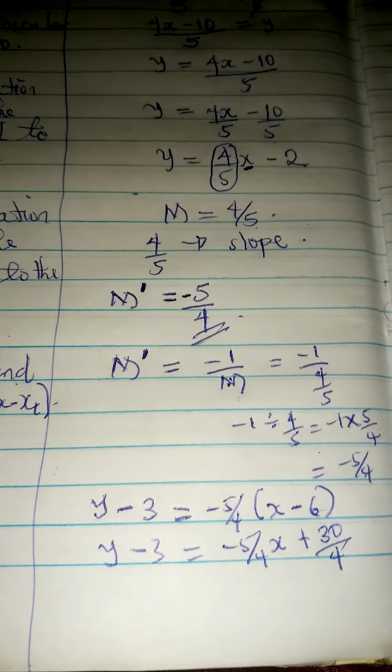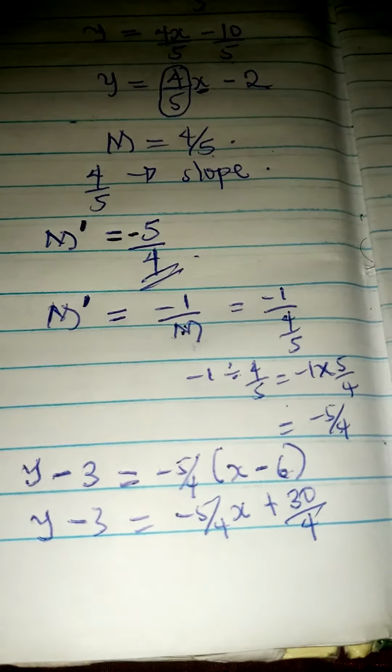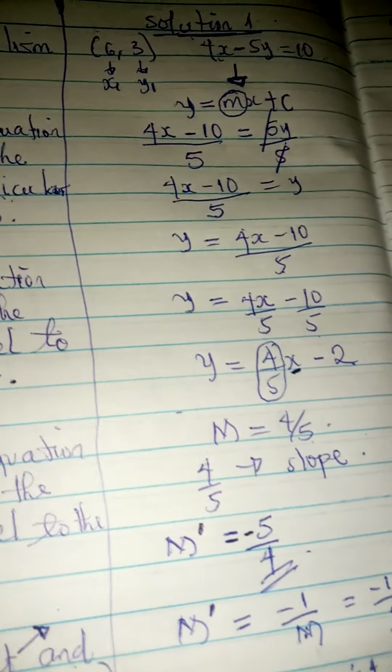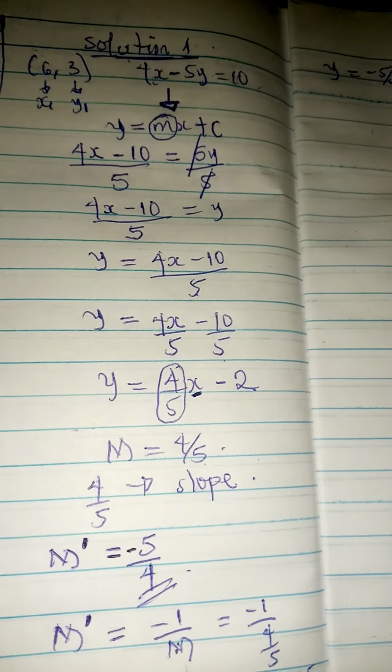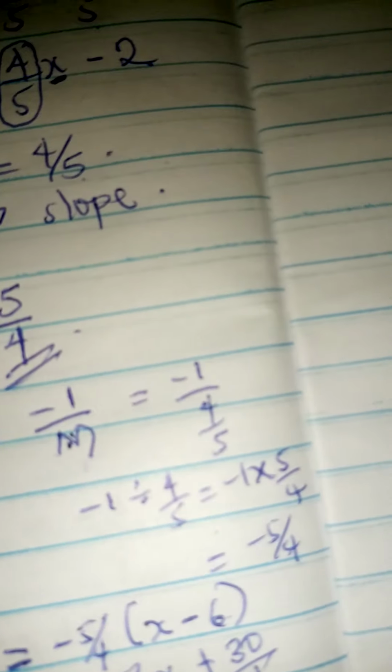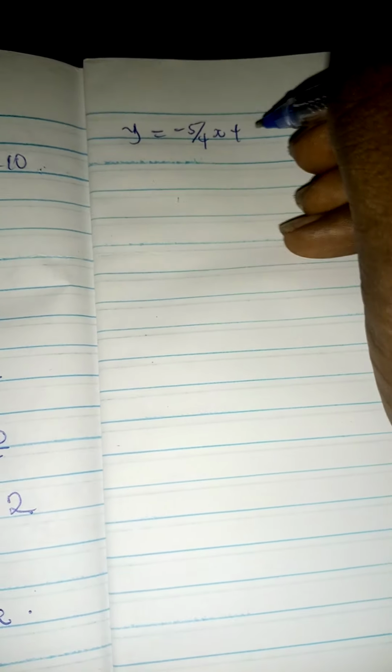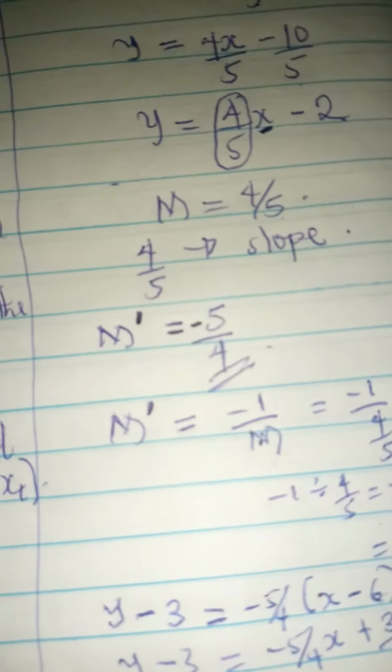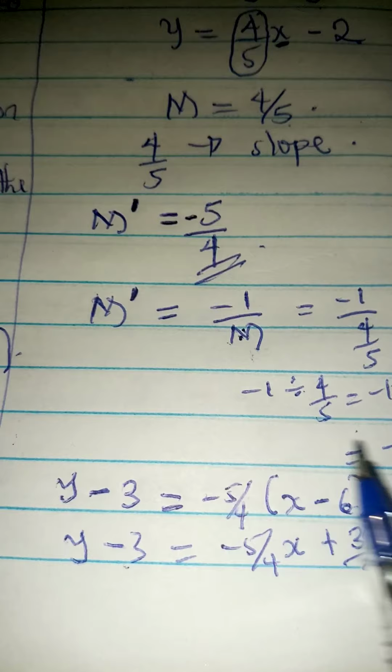So y will be equal to minus 5 over 4x plus 30 over 4. Then we move this minus 3 to the other side, so it becomes plus 3.